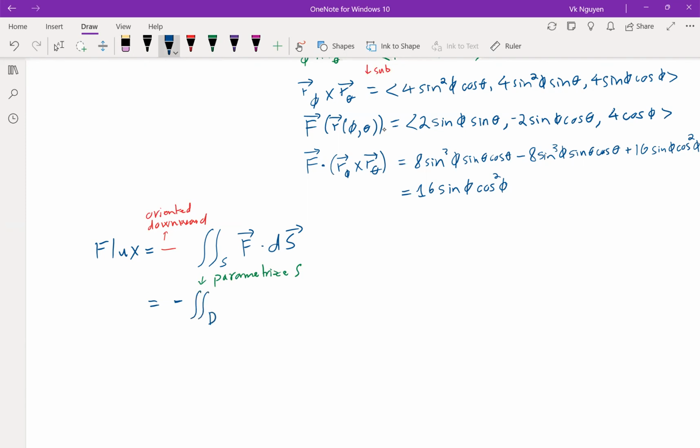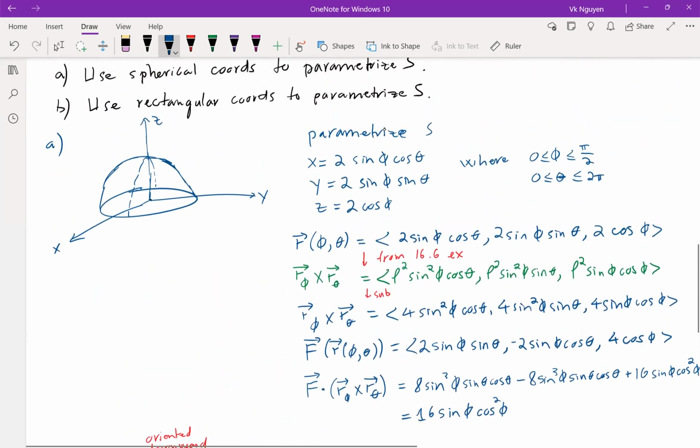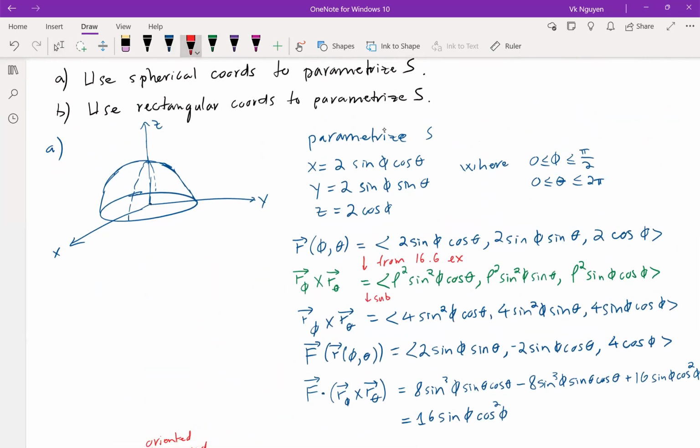Parameterizing S, it would be a double integral over the region D. We have F dot this one, 10 sine phi cosine squared phi, and this one is the dA. We already have the region D. Oh, how nice.